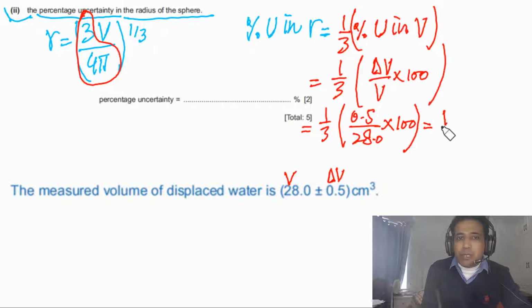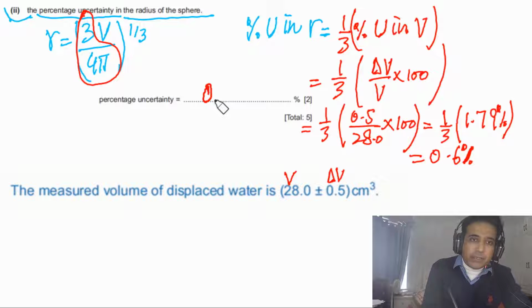If we simplify, we will get 1 by 3 times 1.79%. Now if we solve, we will get 0.6% up to 1 SF. So this is our final answer, 0.6%. This is how you can calculate.